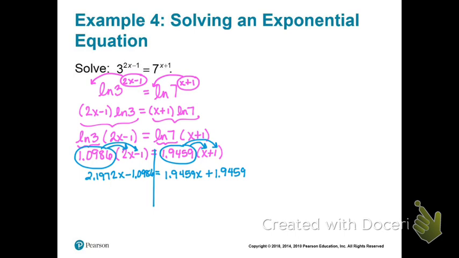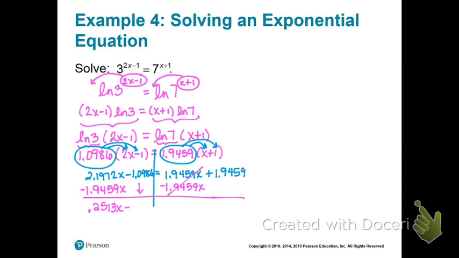Then I need to get my x's on one side, my non-x's on the other. So I'm going to move this 1.9459x over by subtracting it. So 2.1972 minus 1.9459, I got 0.2513x.